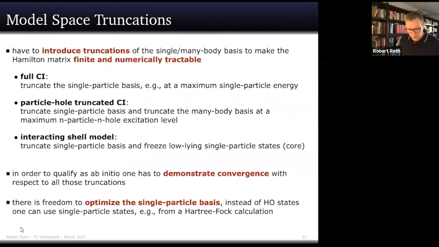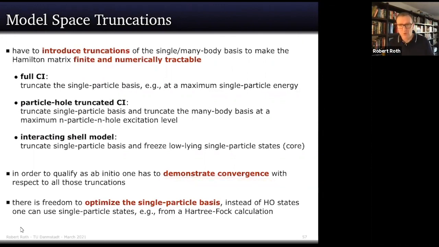And this is something which we will push further. And you could also think of the interacting shell model, so valence space and core, as a specific type of truncation. We'll not discuss that anymore here. But whenever you do that, and whatever you do regarding a truncation, you have to demonstrate what we call convergence.